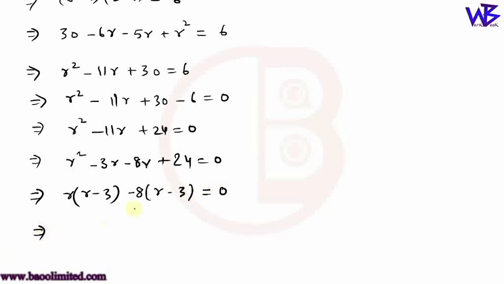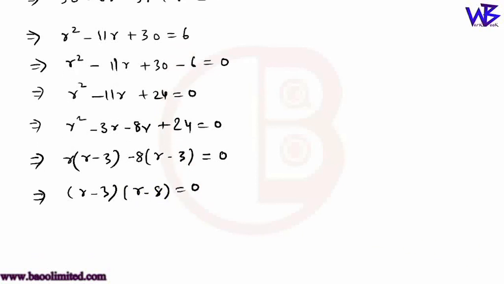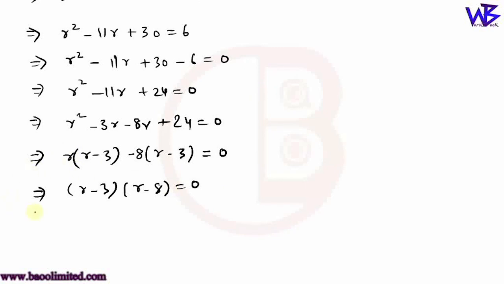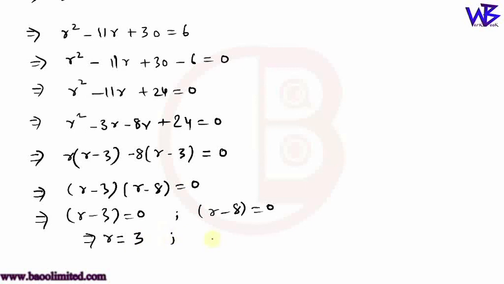So we'll take (r minus 3) common from these, and inside the second bracket, we'll have (r minus 8) remaining. Finally, we'll have two equations, r minus 3 equals 0 and r minus 8 equals 0. So r will have two values, r equals 3 and r equals 8.